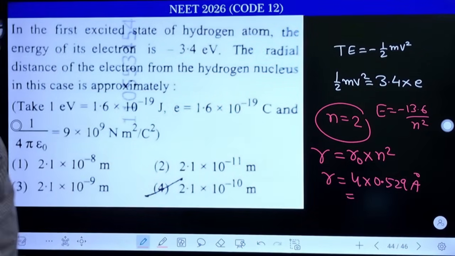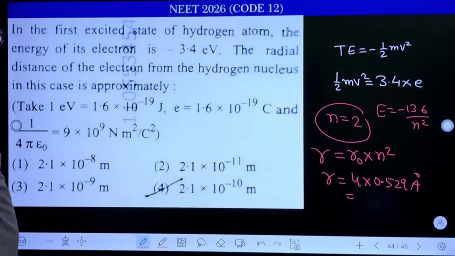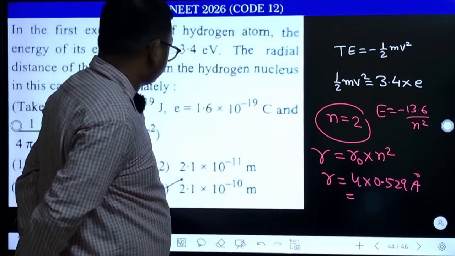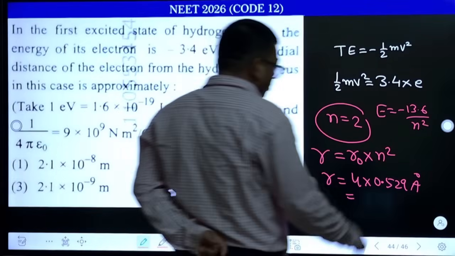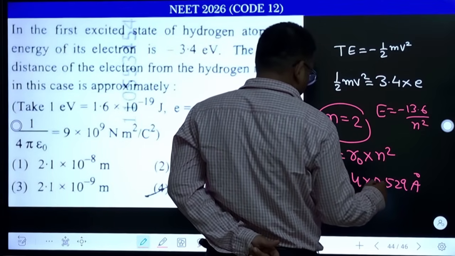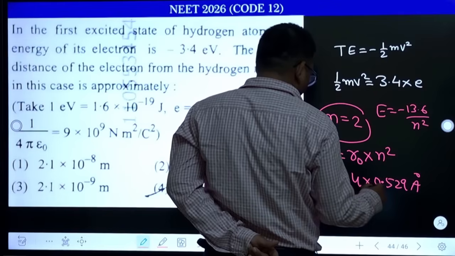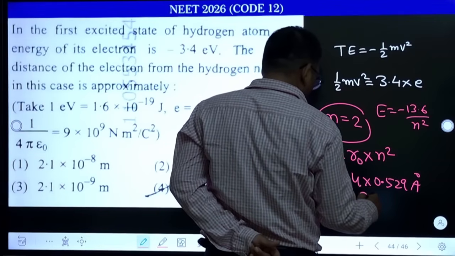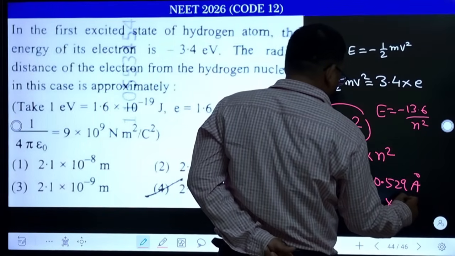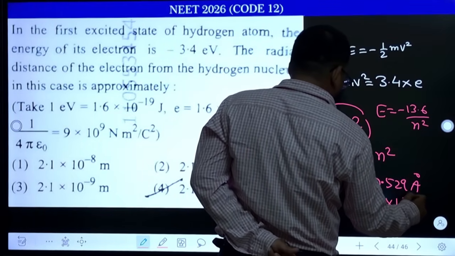How much is it? 4 times this: 5 into 4, 20, 2 point something, 2.1 let us say, into 10 to the power minus 10 meter.